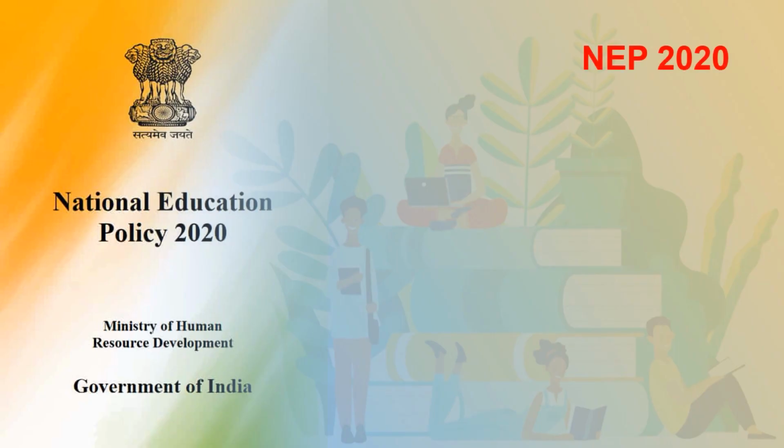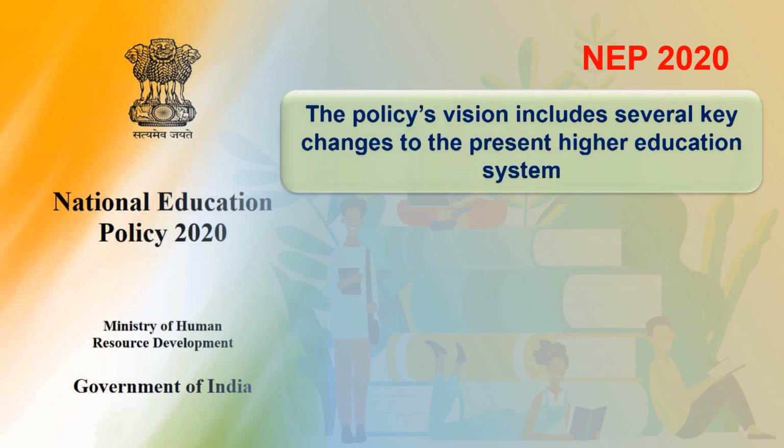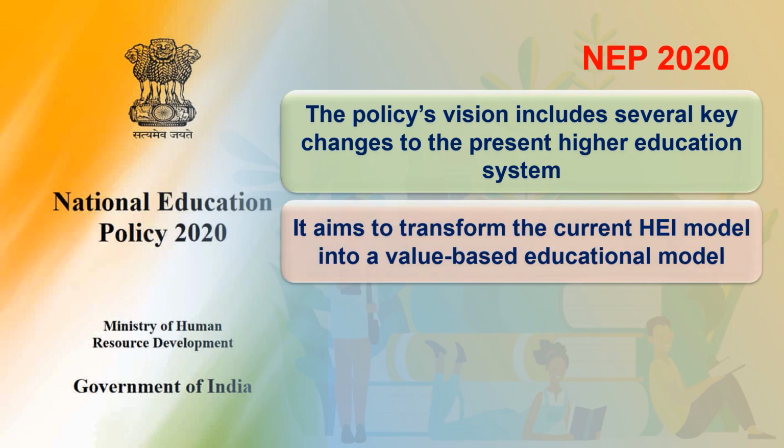In this context, what is mentioned in National Education Policy 2020? The policy's vision includes several key changes to the present higher education system. It aims to transform the current HEI, that is Higher Education Institutes model, into a value-based educational model.